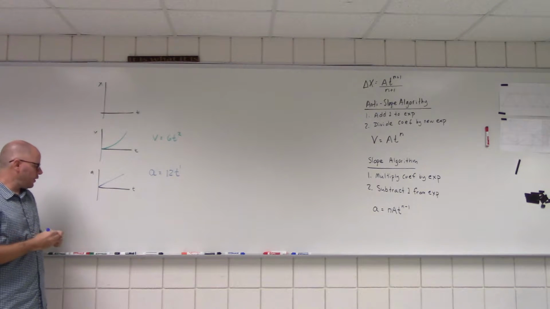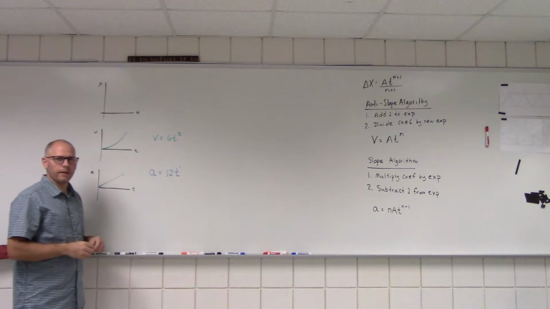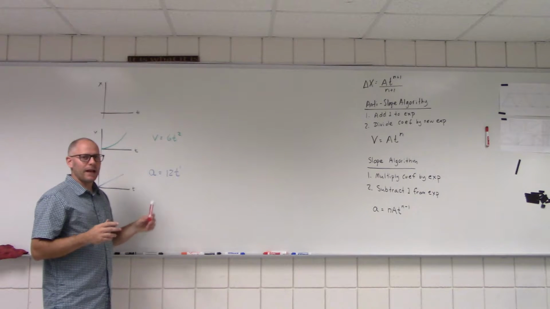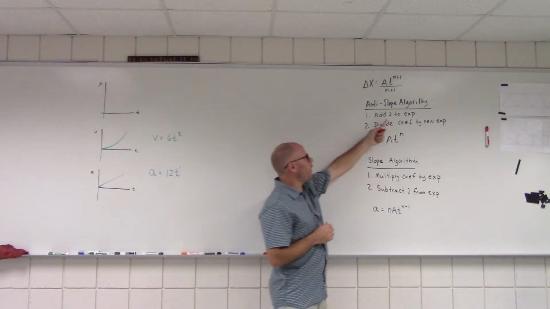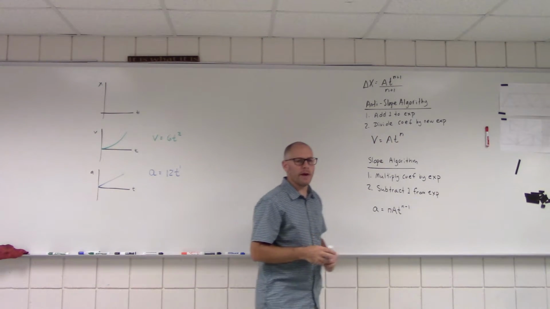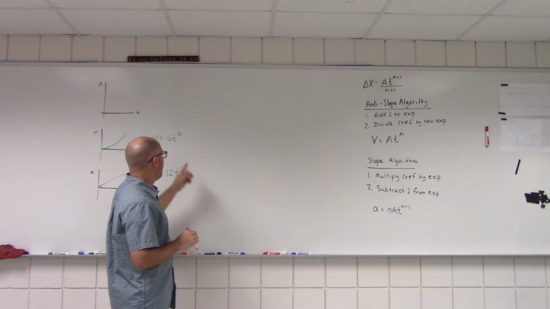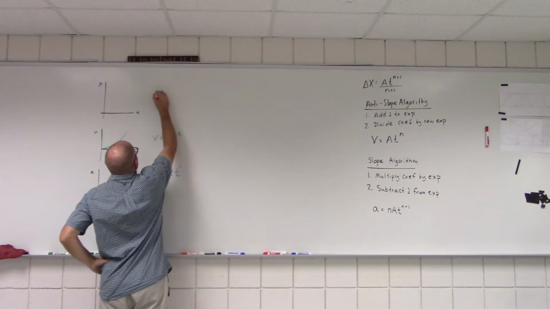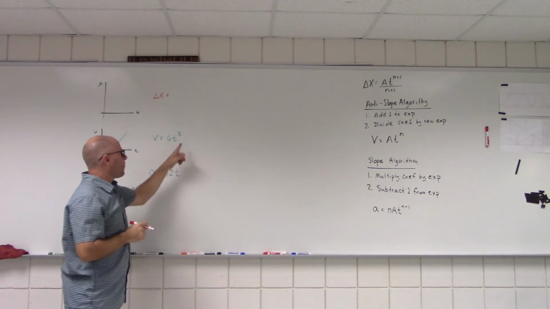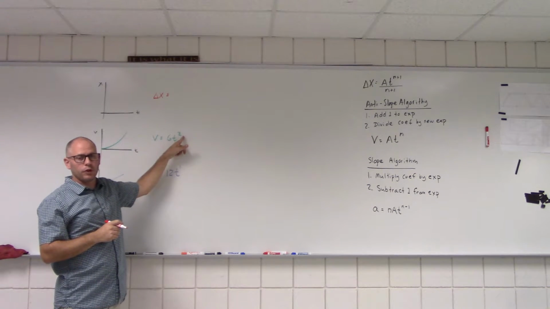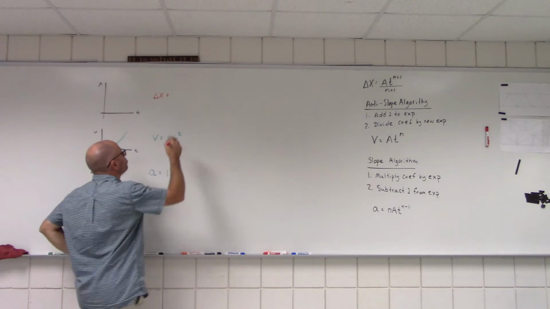What about the change in the position? This is the hard one, right? We have to apply the anti-slope algorithm. The anti-slope algorithm says add 1 to the exponent and then divide the coefficient by the new exponent. Well, let's do that. If I add 1 to the exponent, 2 plus 1 is 3.